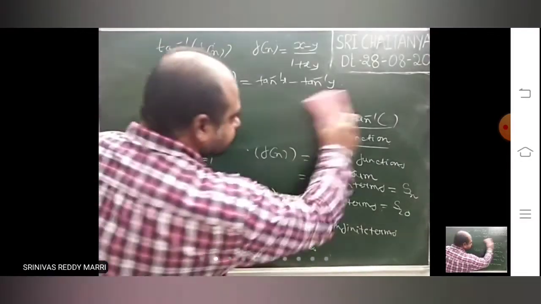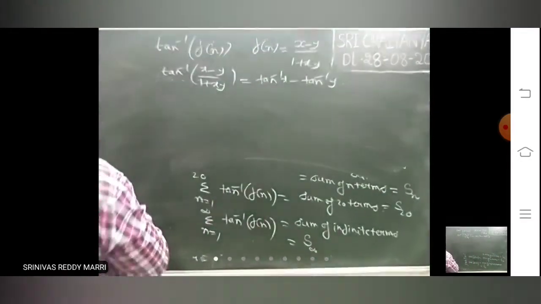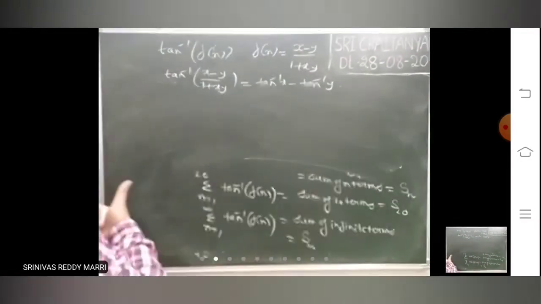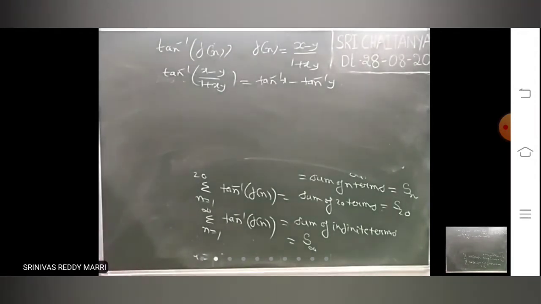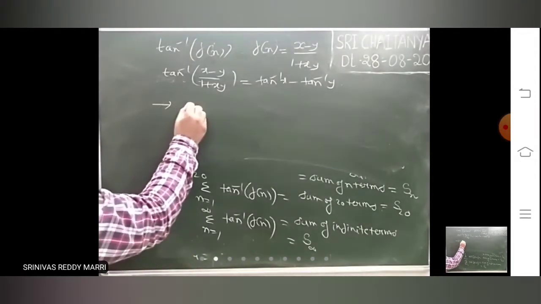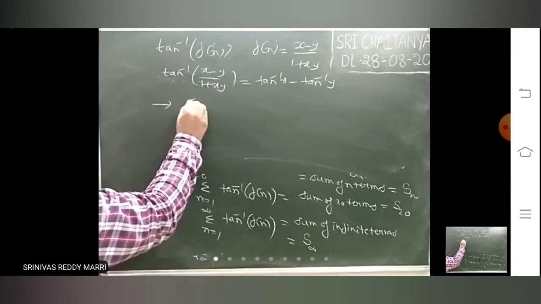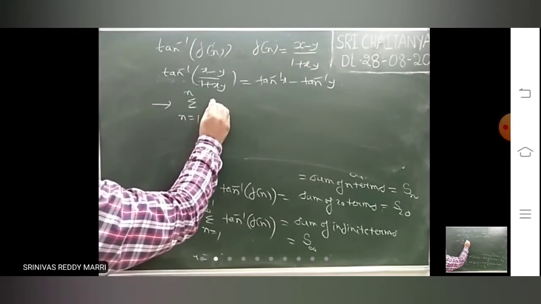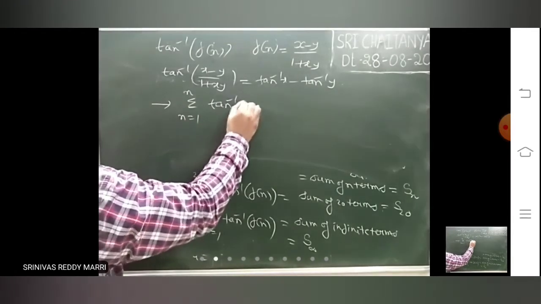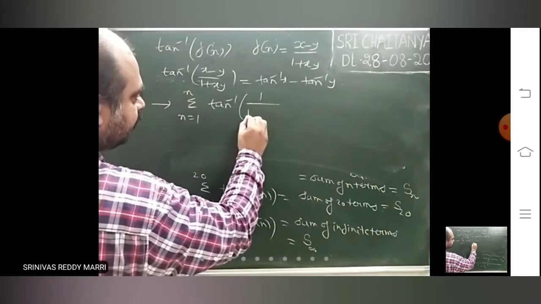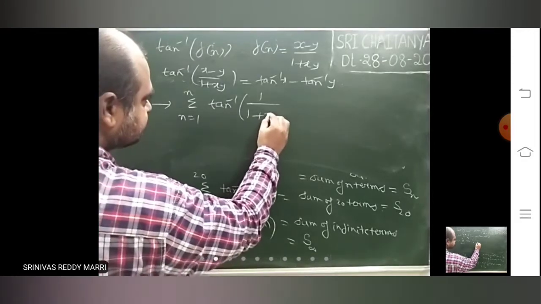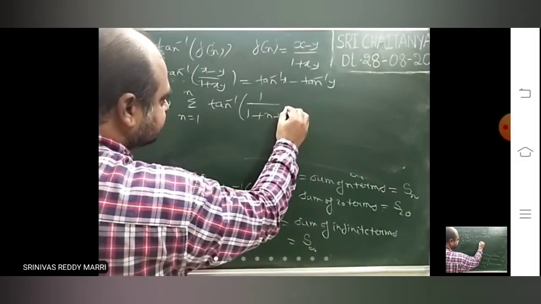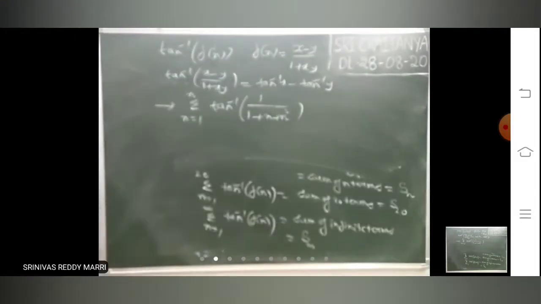Right? Look at. Suppose it is given like this: sigma n equal to 1 to n, tan inverse 1 divided by 1 plus n square. Like this sum.